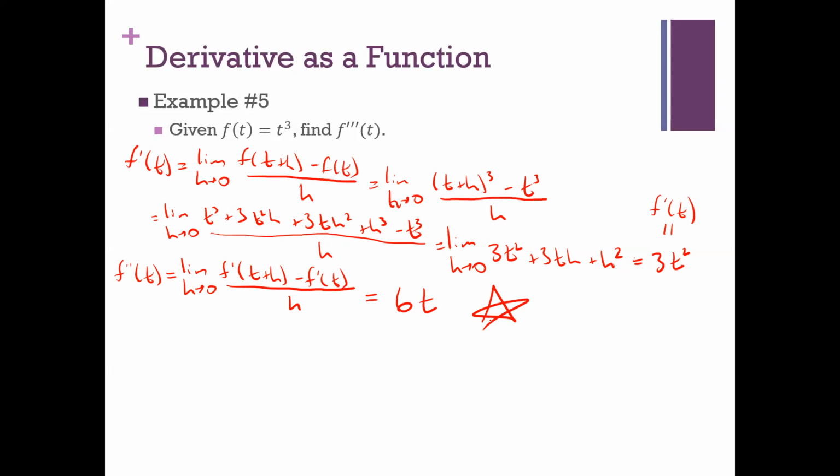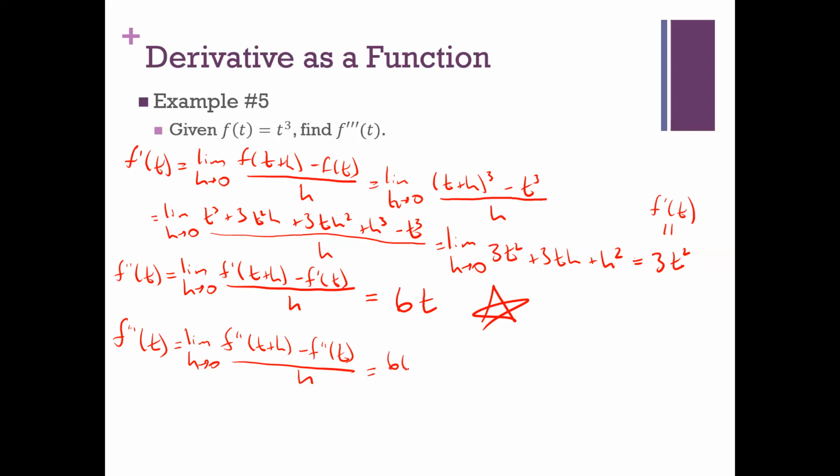Still not there. What do I need to do now? Okay, so the third derivative, how is that related to other stuff I have? It's the first derivative of f double prime. Right. So now this limit is going to deal not with f prime or f, but f double prime. This one I will work out because it's pretty simple.